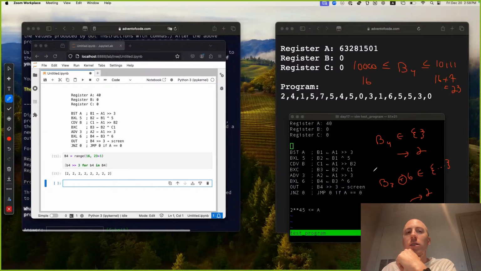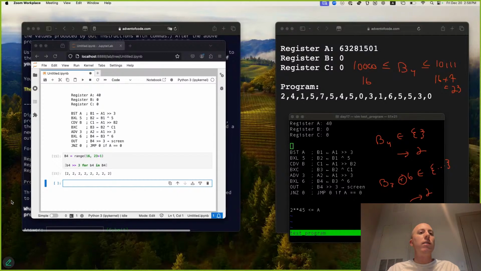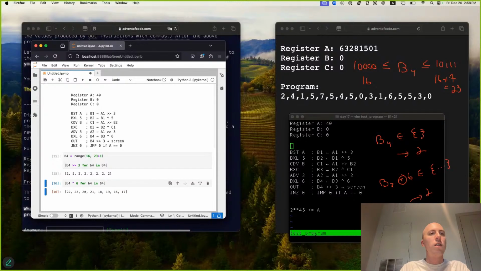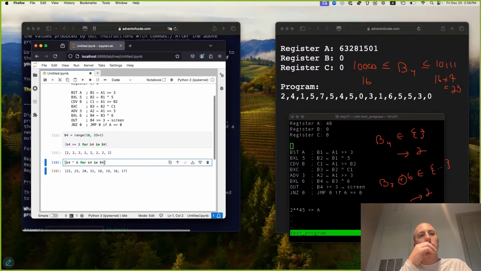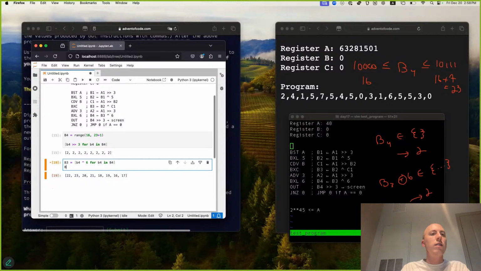So that's just all the numbers in the set XORed with 6. So let's do that: B4 XORed with 6. This is B3, the set, basically. And this is interesting too, because 16, 17, 18, 19, 20, 21, 22, 23. It is a range, and a contiguous range too.